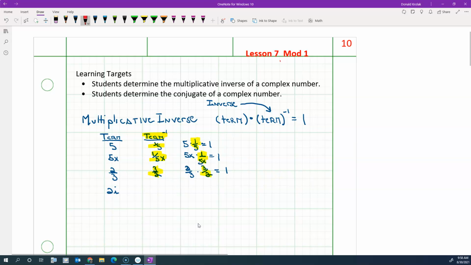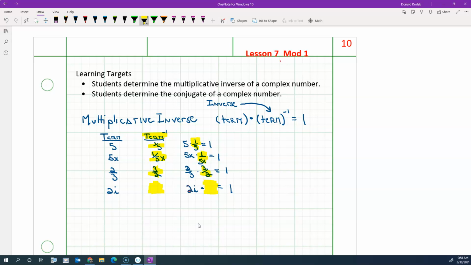So now you're trying to figure out, well, what would this have to be so that when you took 2i times whatever we figure out this is, we're going to end up with 1. Any ideas? What would I put here so that when I multiply it by 2i, it becomes 1? The product is 1.